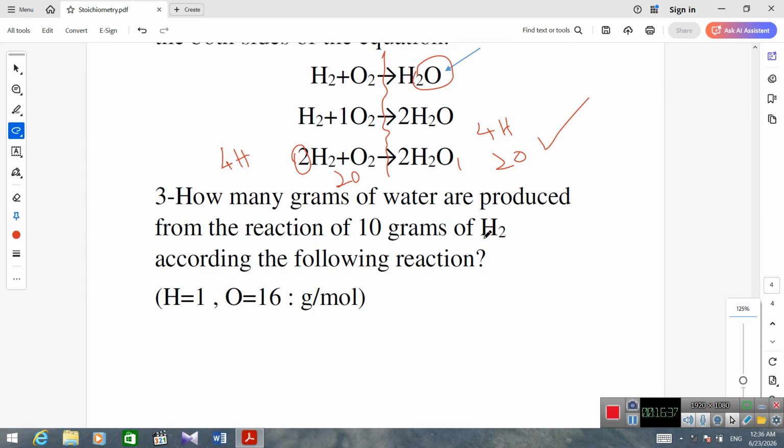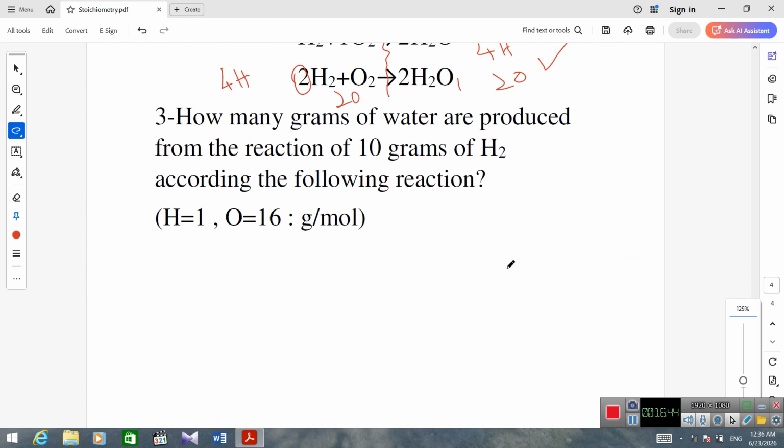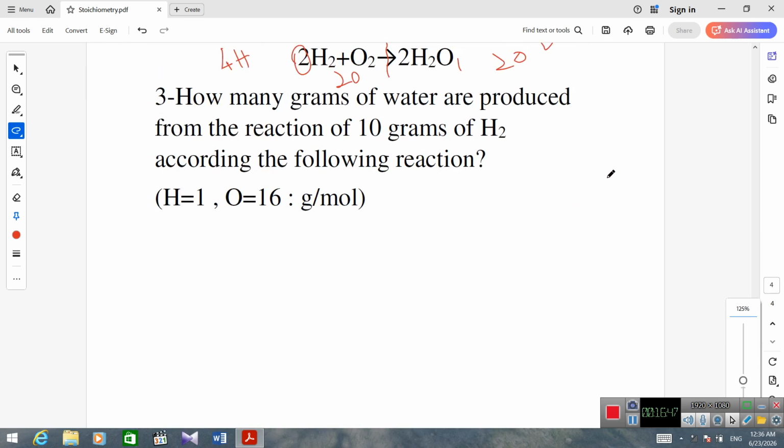Question 3 is about reaction stoichiometry. How many grams of water are produced from the reaction of 10 grams of H2 according to the following reaction? I forgot the reaction, but it is the same as above: 2 H2 plus O2 yields 2 molecules of water.